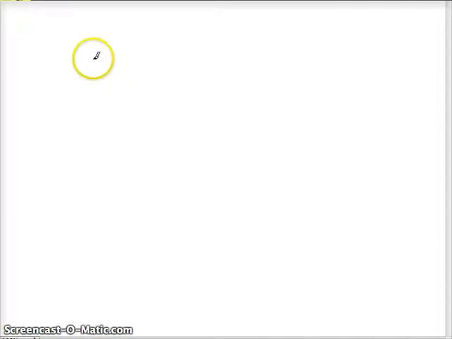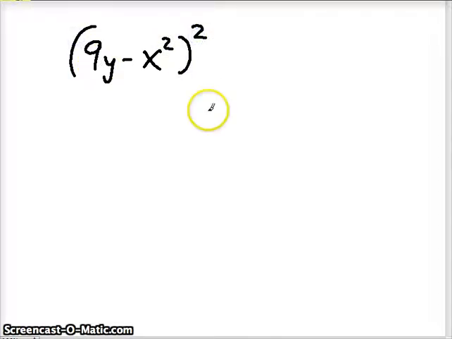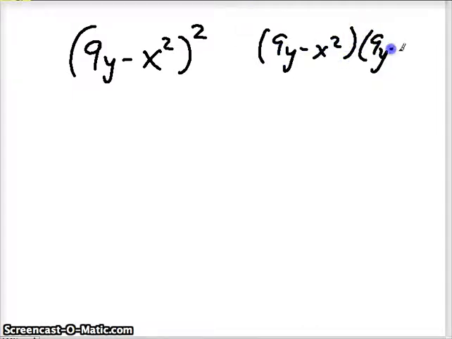There's another pattern here. 9y minus x squared, let's say. So squaring a binomial. If you remember that this came from a perfect square trinomial, then again, we could rewrite this as 9y minus x squared times itself, 9y minus x squared, and FOIL or distribute to get to the end.